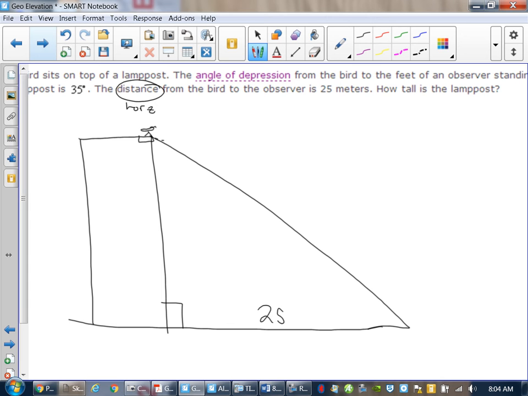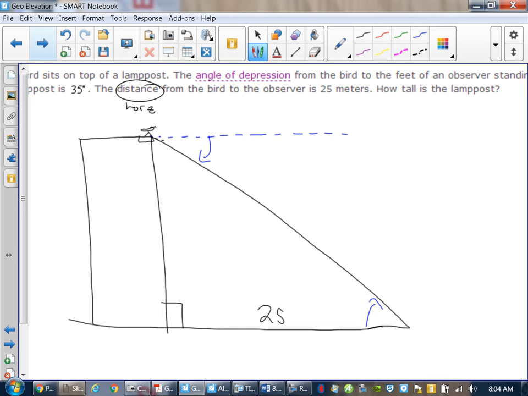Now here's where it's kind of weird. When you talk about angle of depression, it is from where the bird is looking downward. So the angle of depression is the exact same thing as the angle of elevation. When it's up here, you just switch it to the other side.